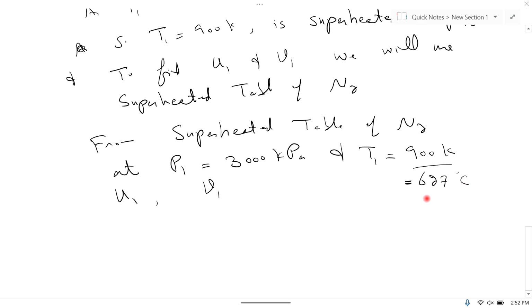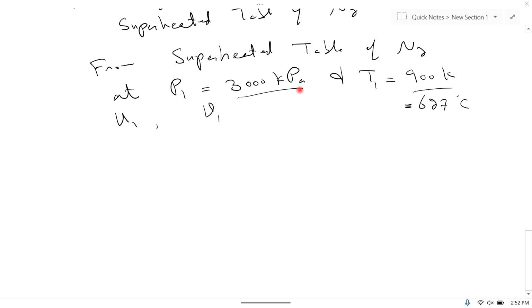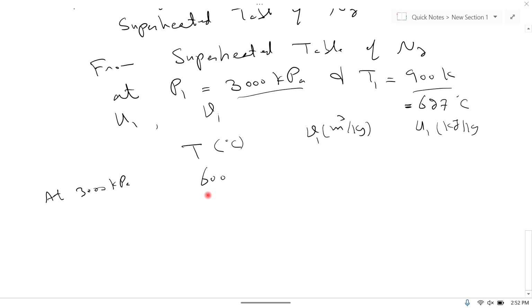So we will do interpolation. So 3000 kilopascal is available. So at 3000 kilopascal, in front of temperature, find specific volume and internal energy in kilojoule per kg. In the superheated table of nitrogen 600 and 700 are available, but we have to find v1 and u1 at 627.